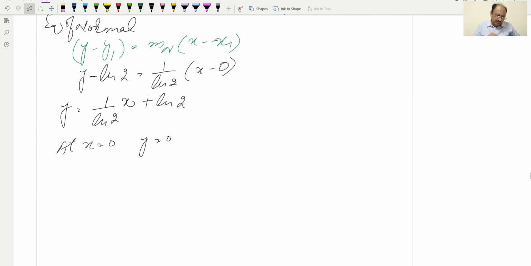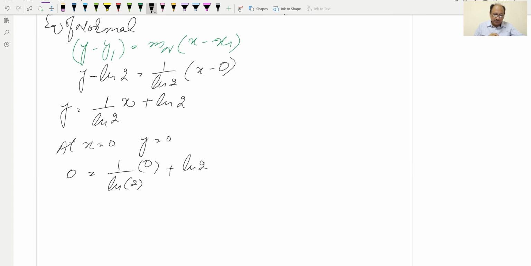We can write this equation as y is equal to 1 over log 2 times x, this will be 0, plus log 2.